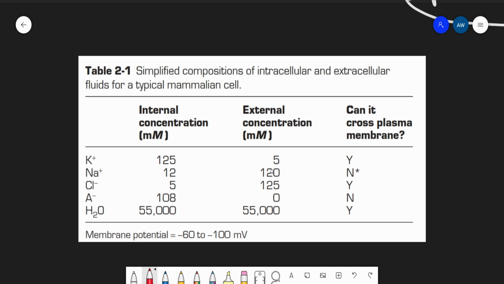So for example, we can see that potassium is quite abundant inside of the cell, but not so much outside of the cell. Sodium, on the other hand, is abundant outside of the cell, but not so much inside of the cell. Chlorine is abundant outside of the cell, but not inside of the cell. So A- over here, that's a group term. Instead of one single thing, it refers to a group of different anions.